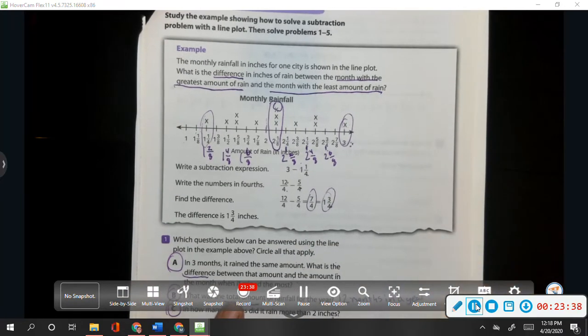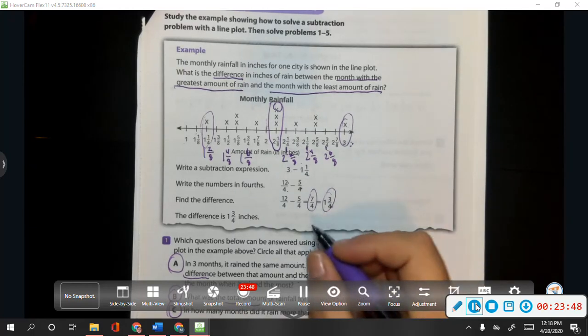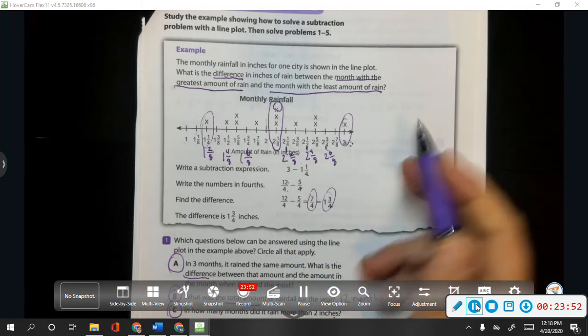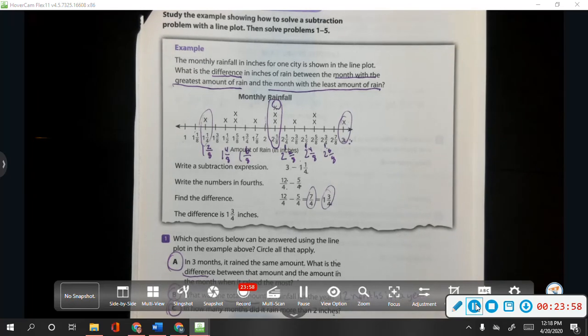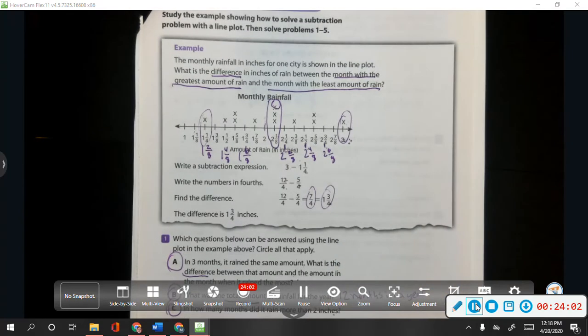So we have 3. So we're going to take 2 1/8 and we're going to subtract it from our month that had the most. So the most it rained was 3 inches. The most common rainfall was 2 1/8.